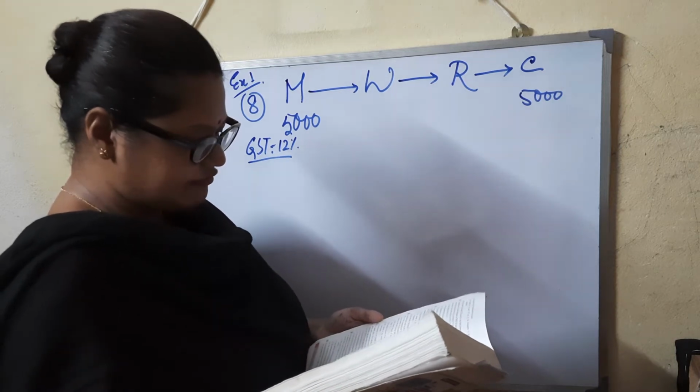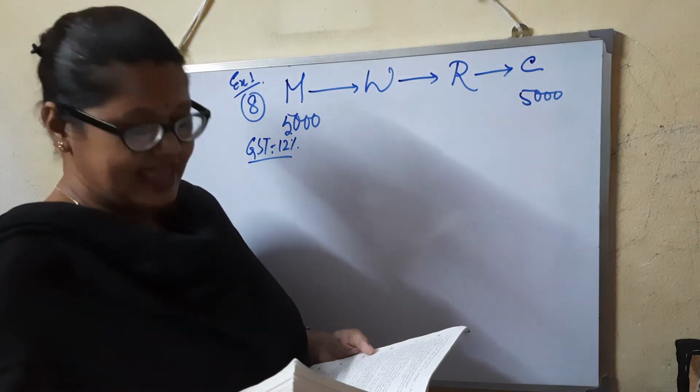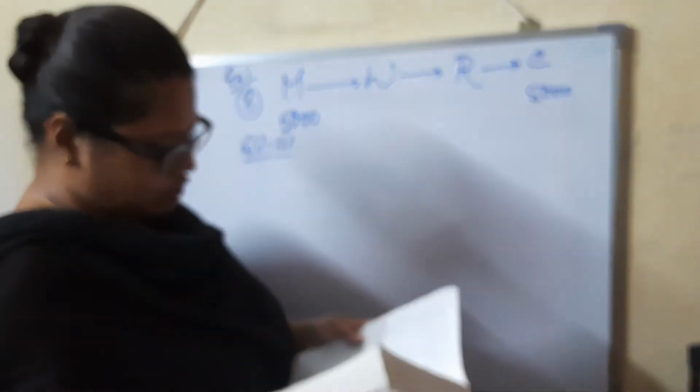Okay, let's find out first the amount the wholesaler pays and the amount the retailer pays excluding the GST. Wholesaler gets it at a discount of 25%.